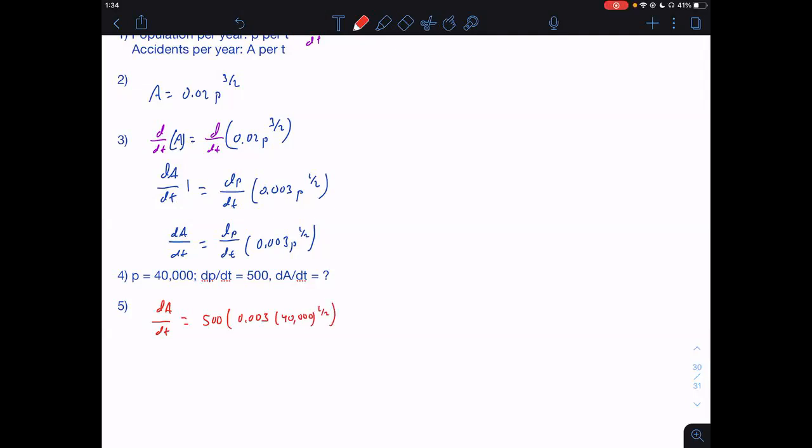So we go to our calculators and multiply all this out. 500 times 0.003 times 40,000 to the 1/2 gives us an exact value of 300.